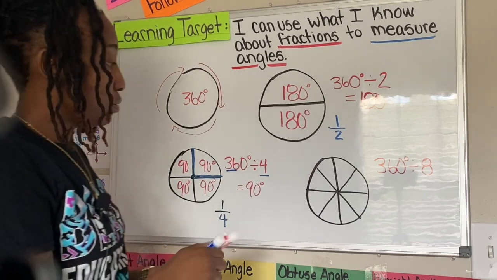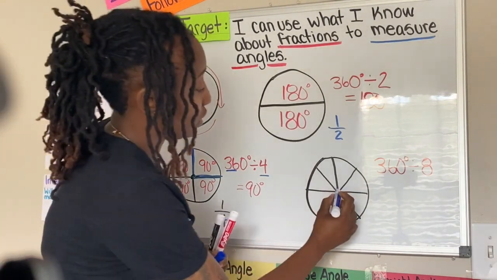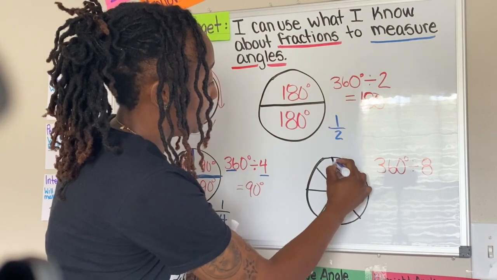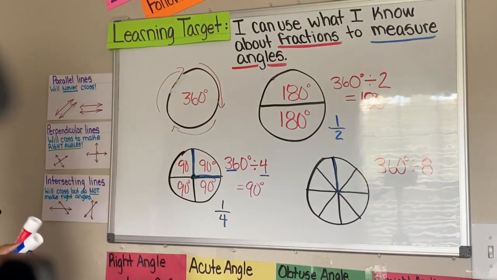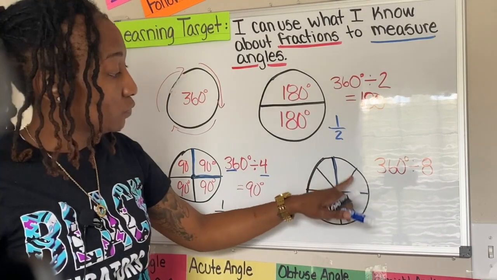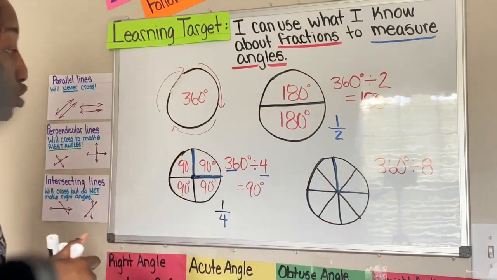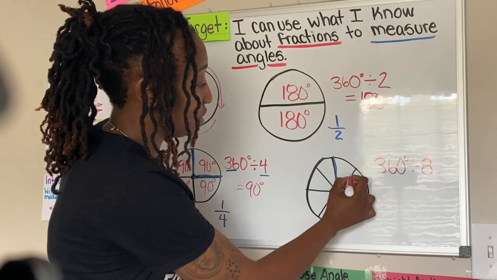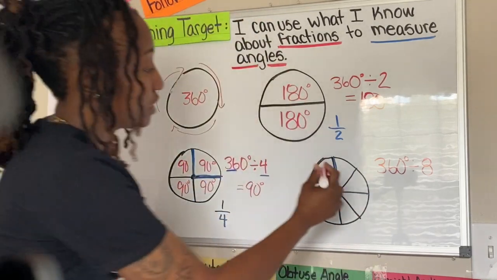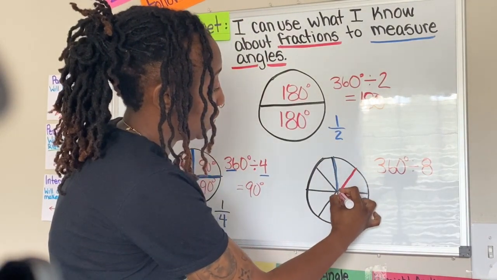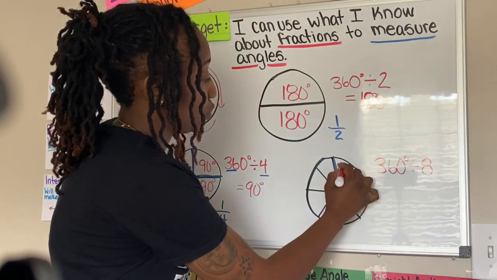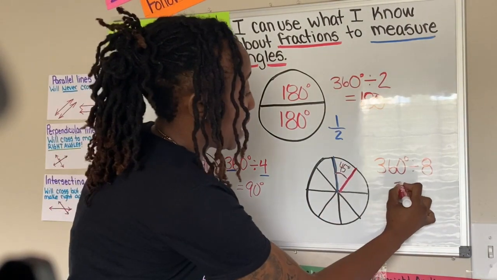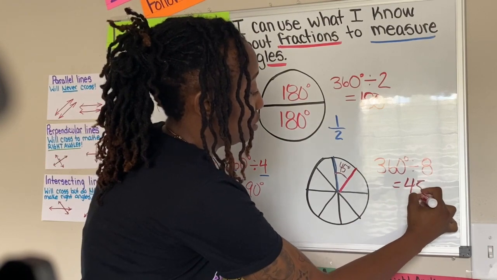I already know that my rays share this common endpoint. If this angle is a 90-degree angle, this lets me know that for this eighth, I'm simply taking this 90-degree angle and cutting it in half to form an angle here, which would give us a 45-degree angle.